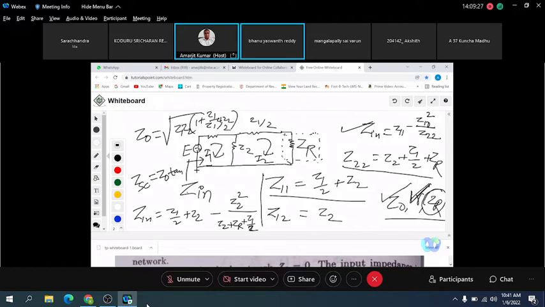Hyperbolic. So tan hyperbolic gamma: Z0 tan hyperbolic gamma. So other students are getting the same formula, Z0 tan hyperbolic gamma. Yes, sir. Okay, so all are getting the same thing.